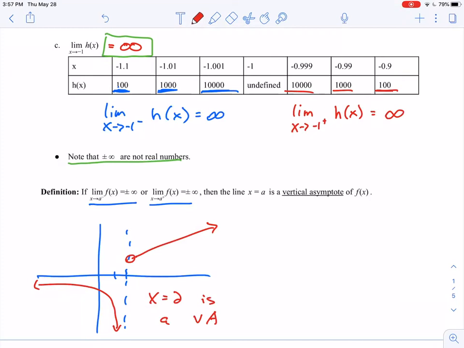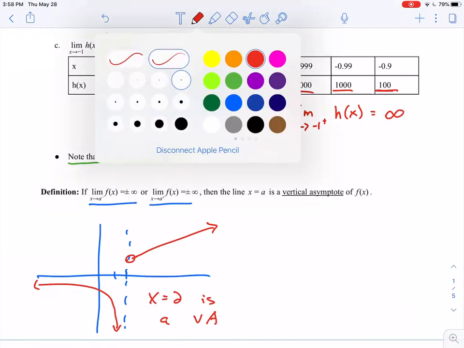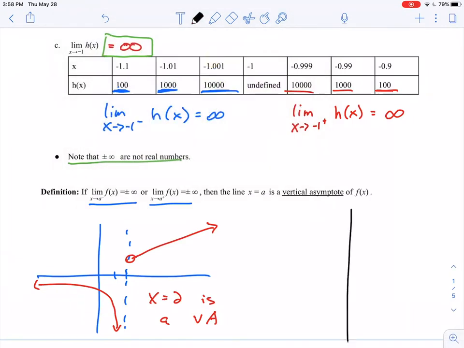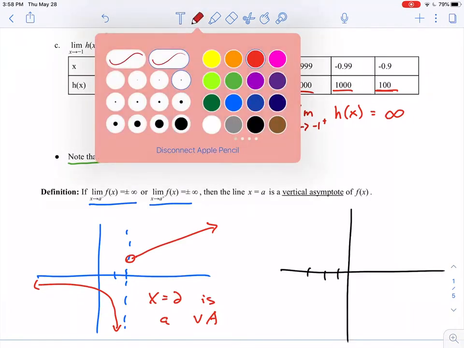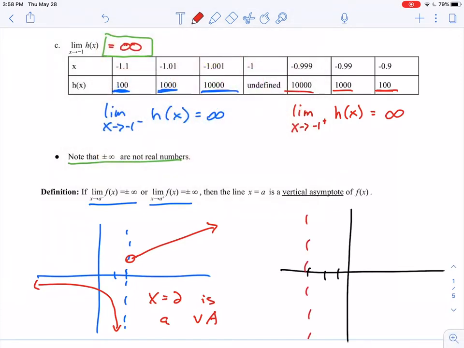If both sides approach positive or negative infinity, that's great. They also don't have to approach the same value. I could have an example where, here at -3, the left-hand side approaches positive infinity and the right-hand side approaches negative infinity. That doesn't mean x equals -3 is not a vertical asymptote. On the contrary, x equals -3 is a vertical asymptote.